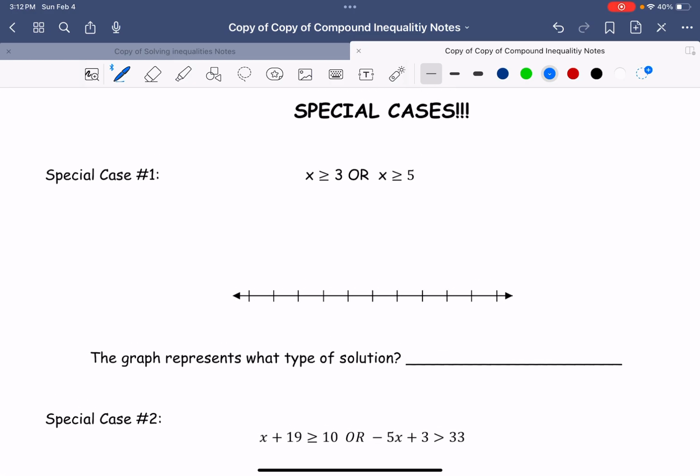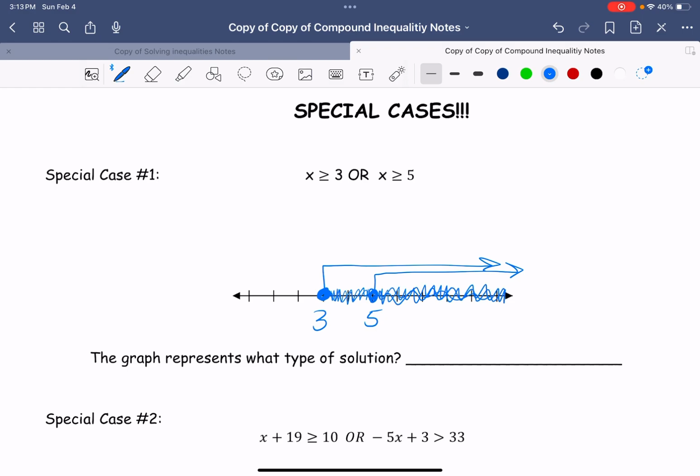All right, special cases. x is greater than or equal to 3. So here, let's put 3 here, 4, 5 here. x is greater than or equal. Okay, so we have a closed circle because it includes it, and x is greater than, okay? But then x is also greater than or equal to 5. Oh, look at that. So everything from here, this is an or, right? So this could be true, or this could be true.